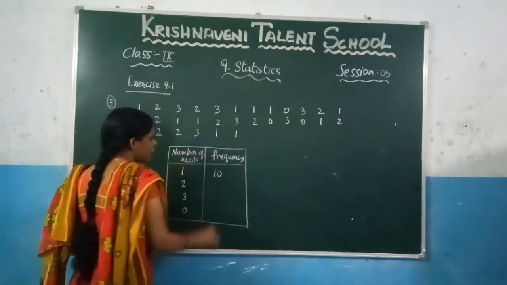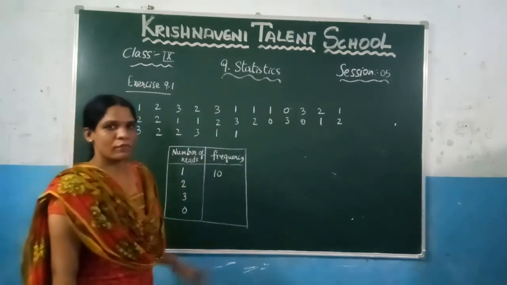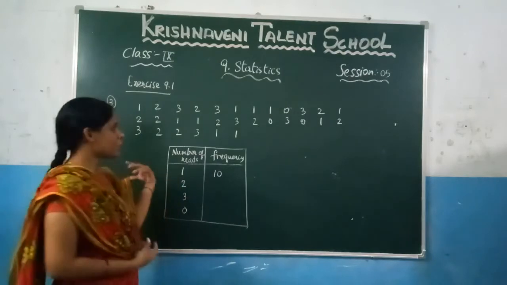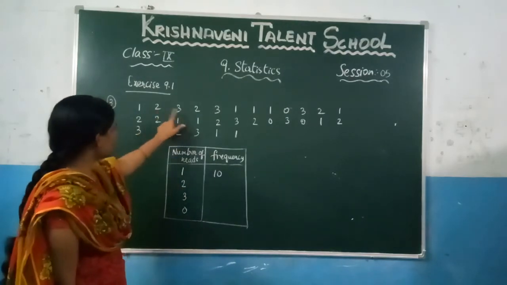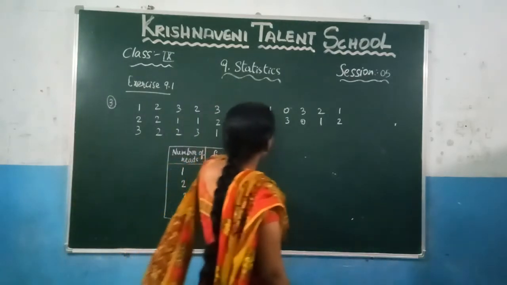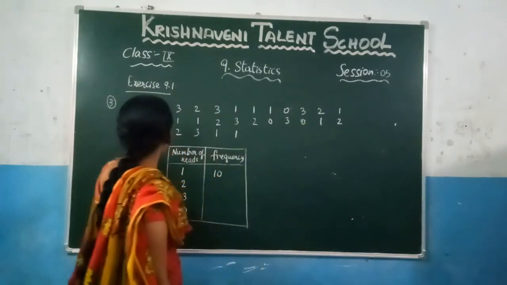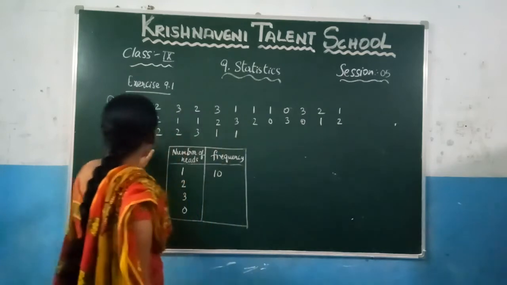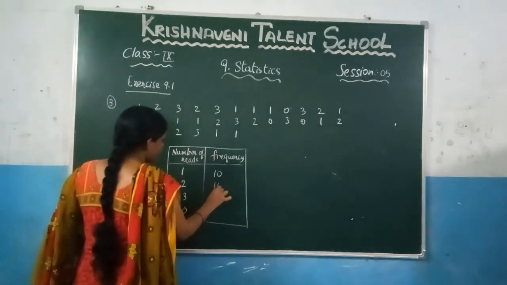So 10 times you are getting only one head. Now, let us see how many times you are getting 2 heads. Let us count: 1, 2, 3, 4, 5, 6, 7, 8, 9, 10. Again you are getting 10.